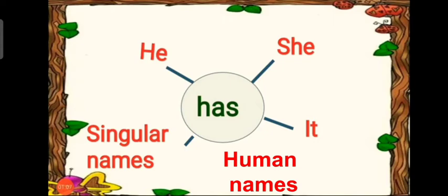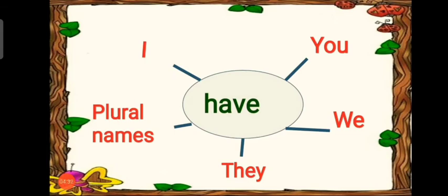We use has with he, she, it, human names and with singular names. And we also use has with animals. And we use have with I, you, we, they and plural names. I hope you all have understood.